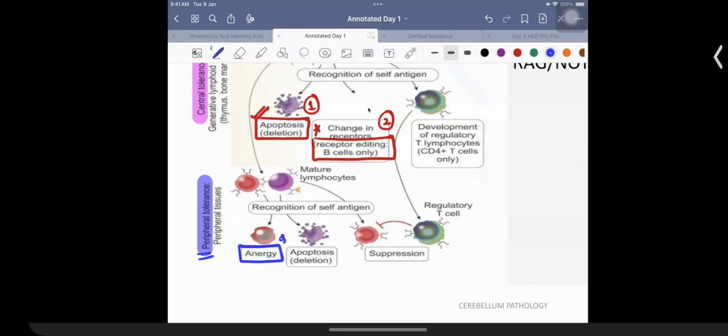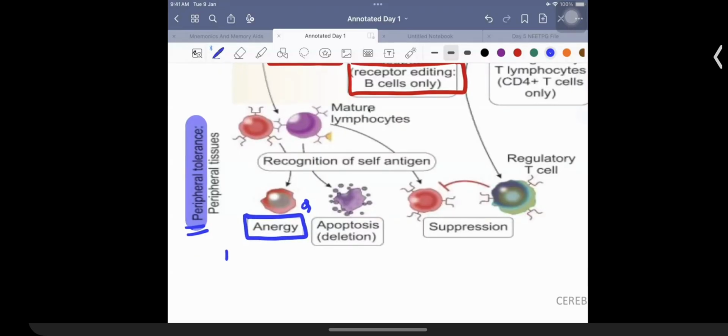Anergy is because of decreased activity of CD40 or decreased activity of CD40L. T cell anergy or B cell anergy. That means they will not be able to interact properly. Apoptosis. Apoptosis means destruction, programmed cell death. So that means negative selection.